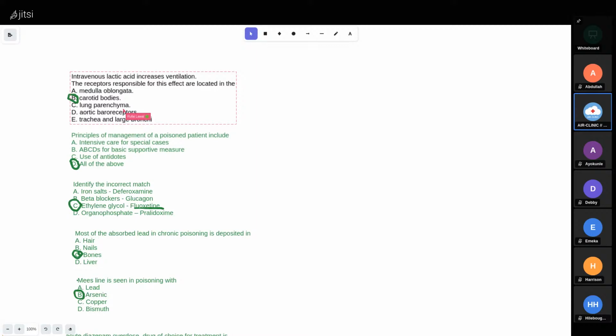That's how I look at it. An increase in hydrogen ion or a decrease in pH, a decrease in oxygen level, or an increase in carbon dioxide level, an increase in temperature, or an increase in 2,3-diphosphoglycerate.